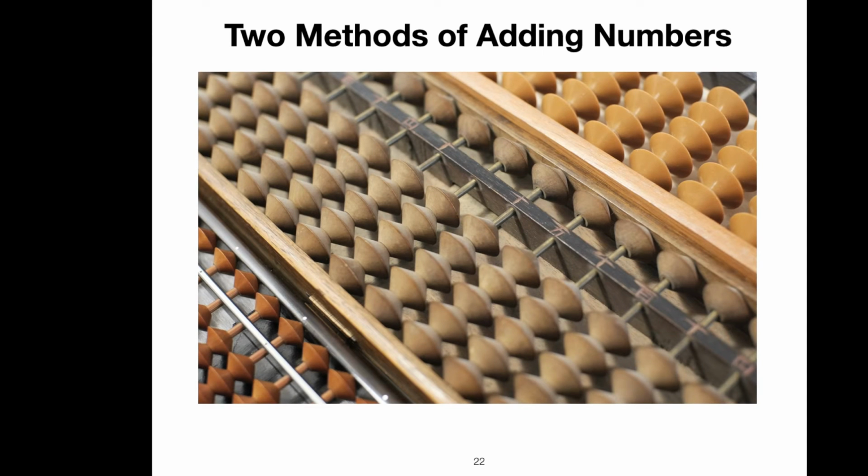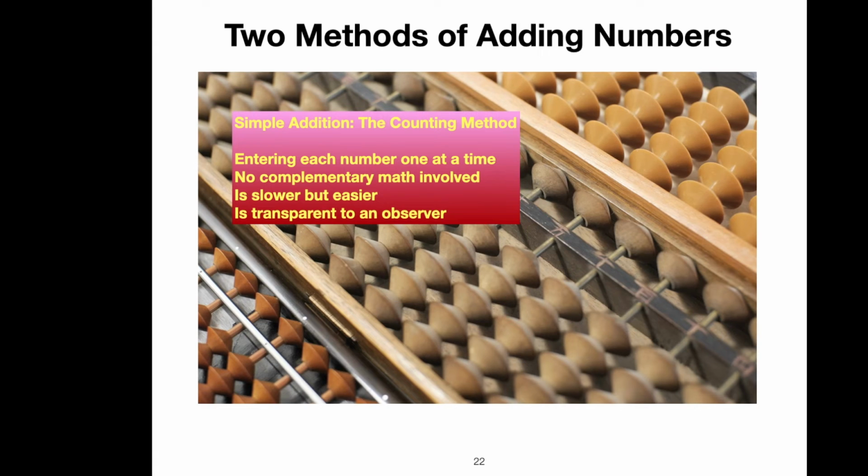There are 2 general methods for addition with any bead frame calculator or abacus. There's the modern method, which is the number entry method, but there's this older method called the counting method. And the beauty of the counting method is you don't need to know addition or any addition tables, and you really only need to know how to count from 1 to 9.